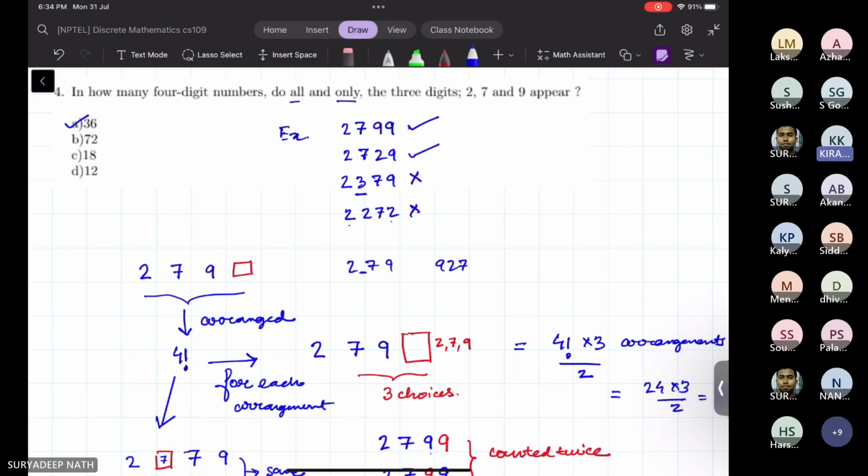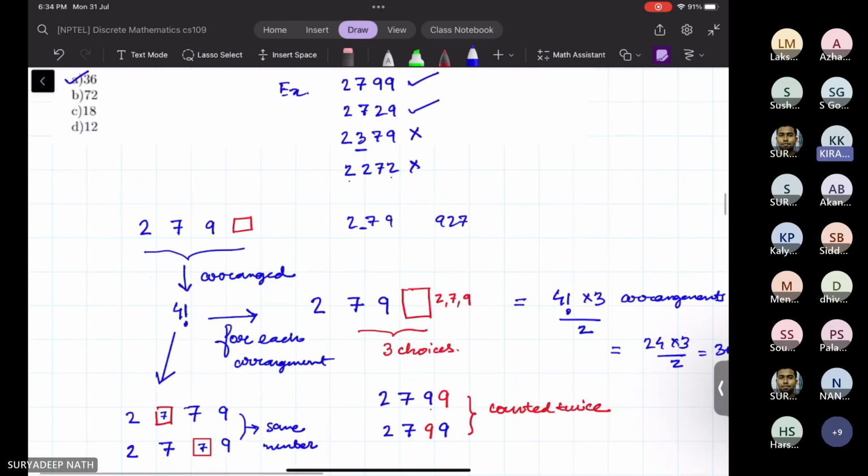Generally, when you arrange three numbers, we can take 3 factorial. But I come to know after the explanation that here we have to choose only one digit at a time. Every time we take one digit, how many ways? Only 3 ways, not 3 factorial ways. I understood like that. It's clear for me, sir.